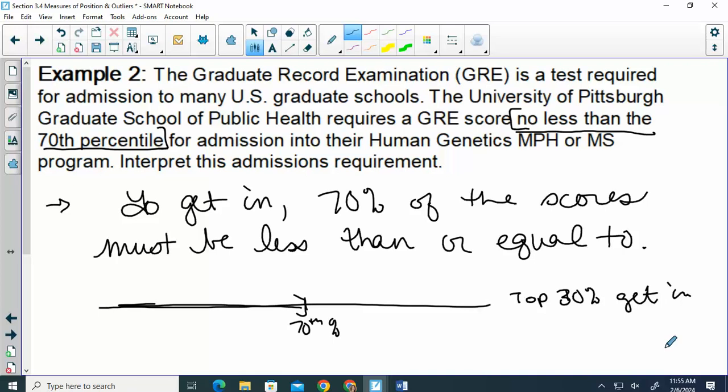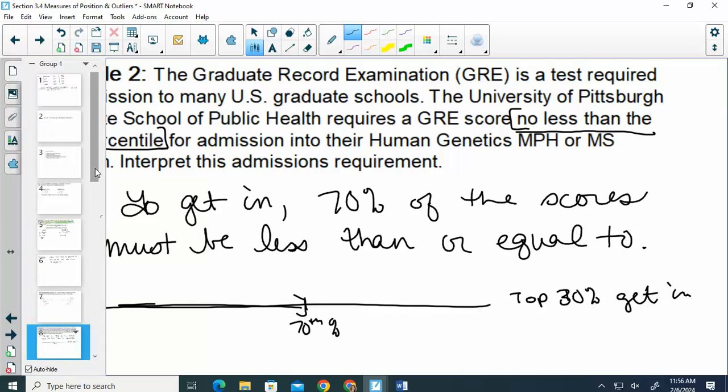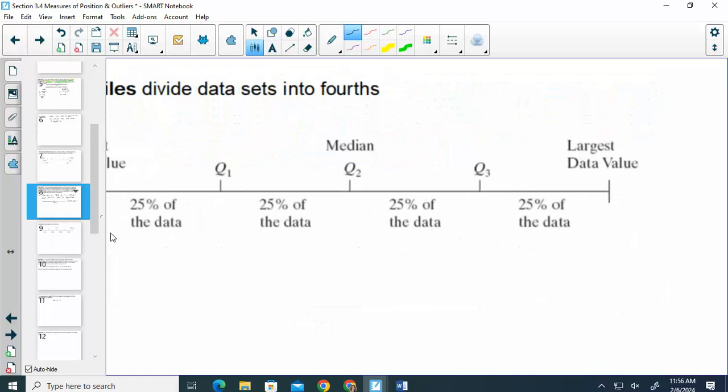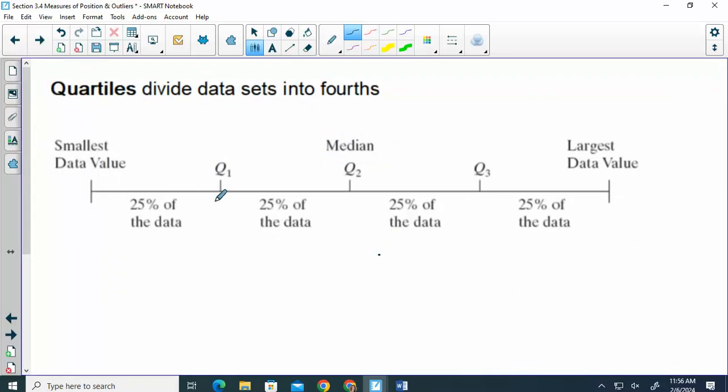Percentiles are useful in talking about quartiles, which is something we will use a lot more than just a regular percentile. A quartile really just divides our data into fourths, just like 4 quarters in a dollar. So they are specific percentiles. Quartile 1 is when 25% of the data are less than that.